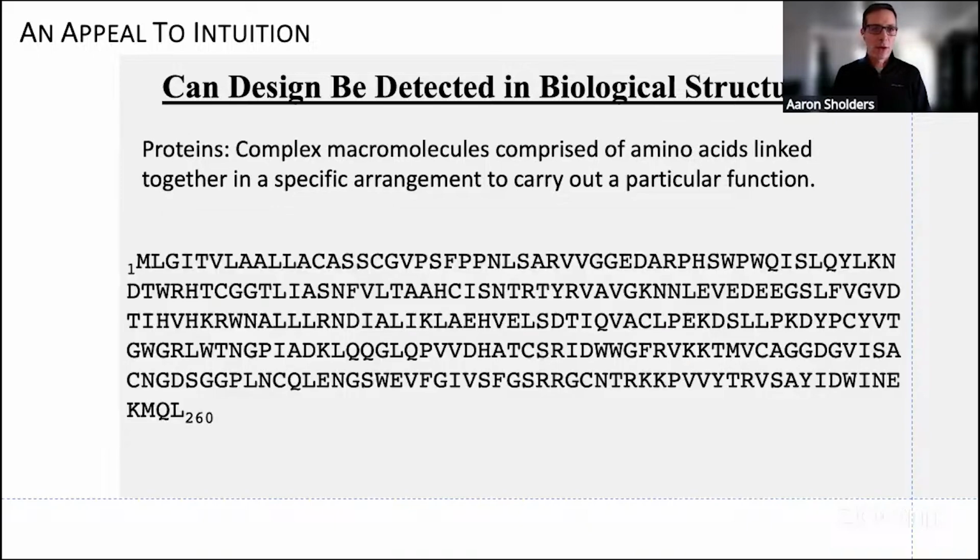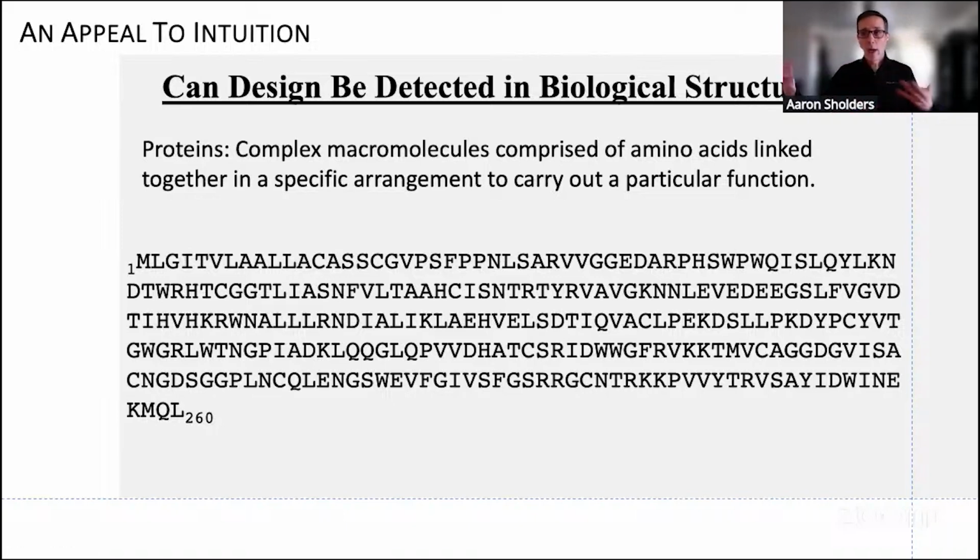So let me go to here. What you're looking at here is a way that we depict a larger protein. This one happens to have 260 amino acids in it, and we represent each of the amino acids with a letter. M means methionine, L means leucine, G means glycine, I means isoleucine, and on down the list.